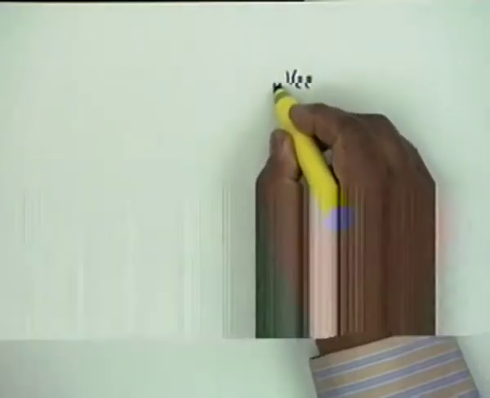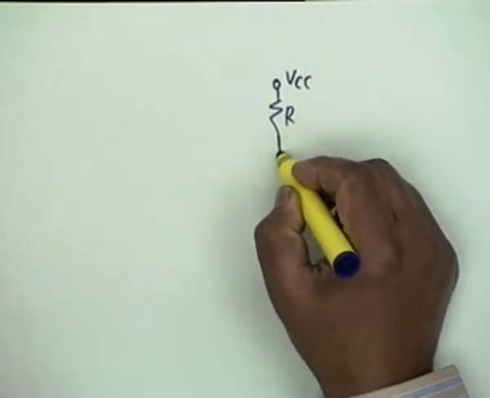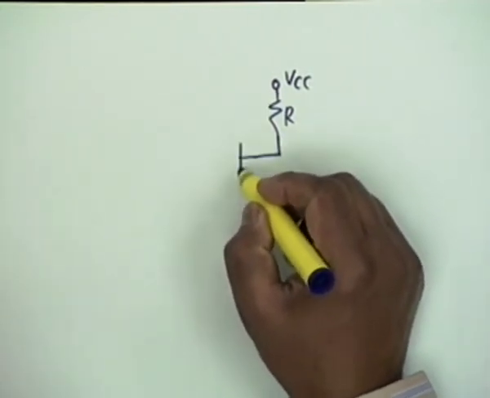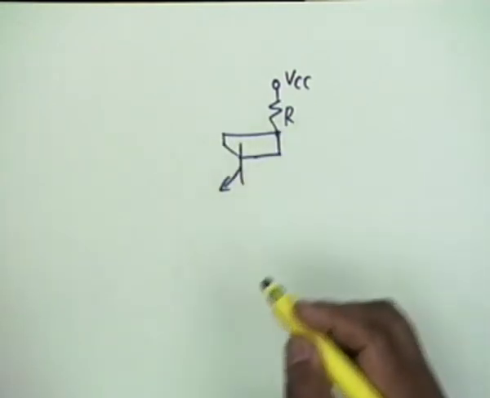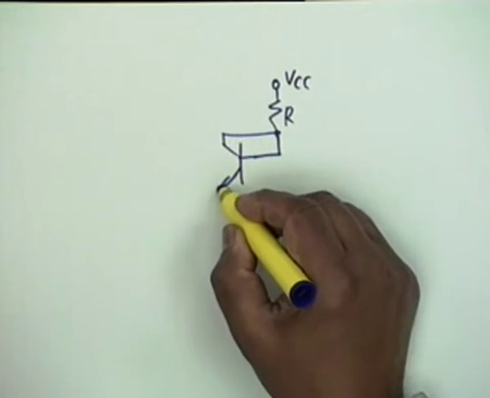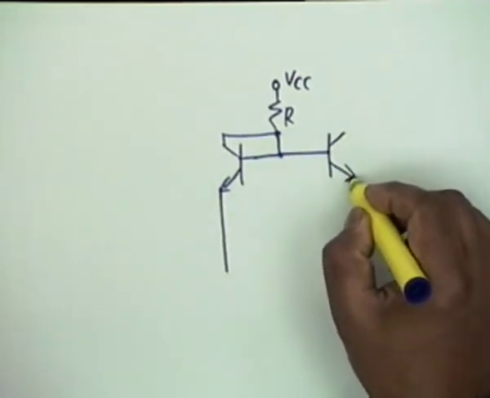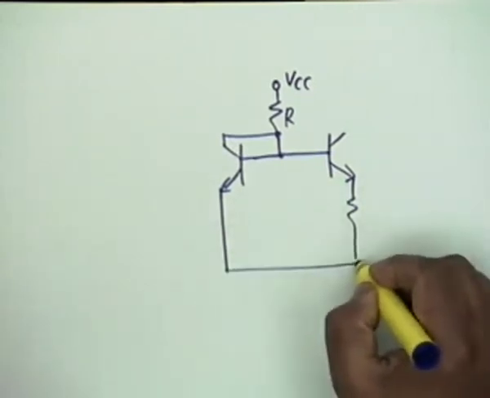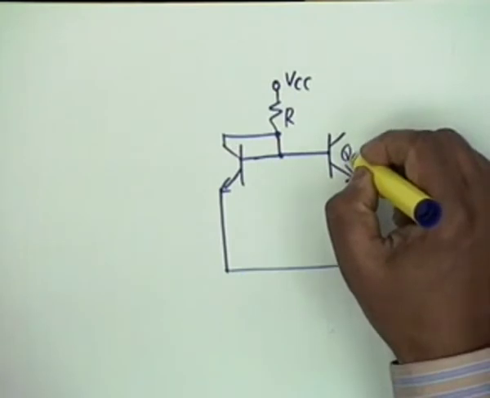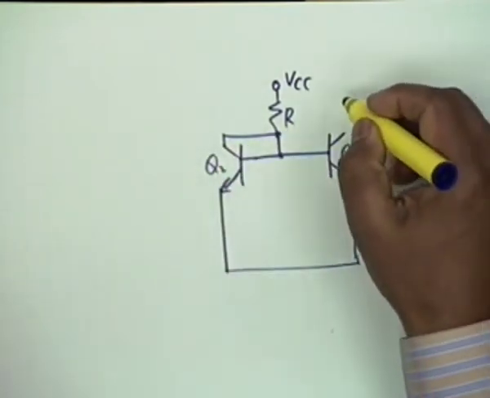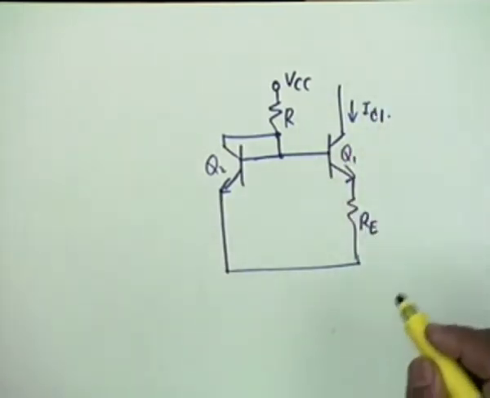The current source has a resistance R, which is the reference resistance, then the Widlar current source. This goes here and this base is tied to another, and there is a resistance of R sub E. This is Q1 and this is Q2, and this is the current I sub C1.